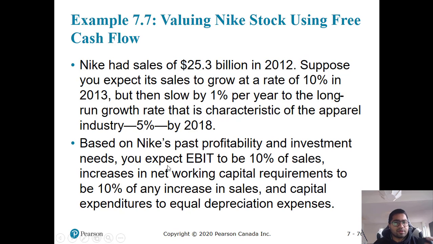So let's do an example. Nike had sales of $25 billion in 2012. Suppose you expect its sales to grow at a rate of 10% in 2013, but then slow down by 1% per year in the long run. That is characteristic of the apparel industry.